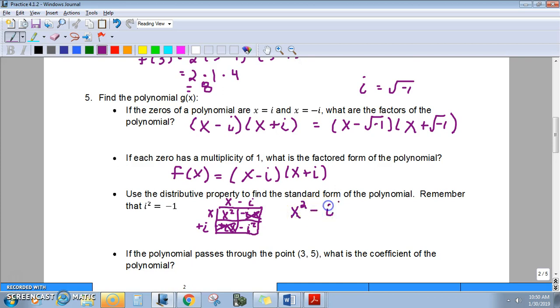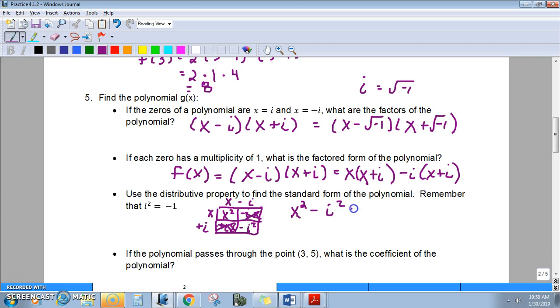So what we have is x squared minus i squared. If you want, I can quickly show you how you would use the distributive property. You would break apart the first one, so you'd put x and negative i, and then multiply each of those times (x plus i). If you did that and combined your like terms, you would get the same thing.